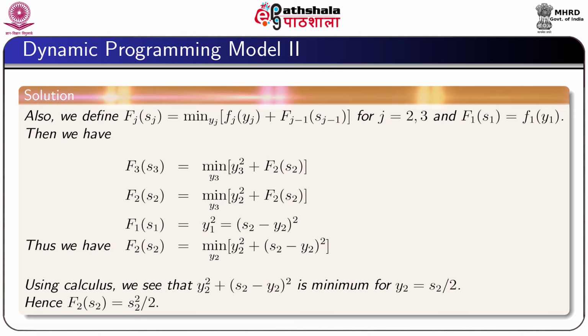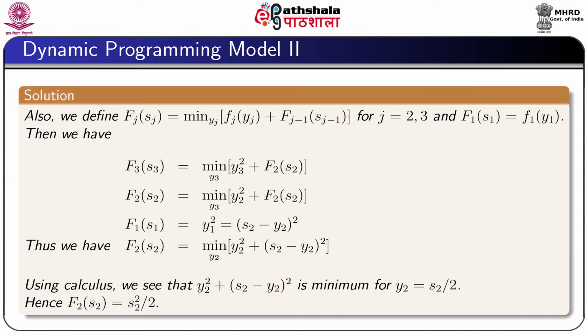From the last two equations, we get F2(s2) equal to the minimum of y2 square plus (s2 minus y2) whole square, where the minimum is taken over y2.